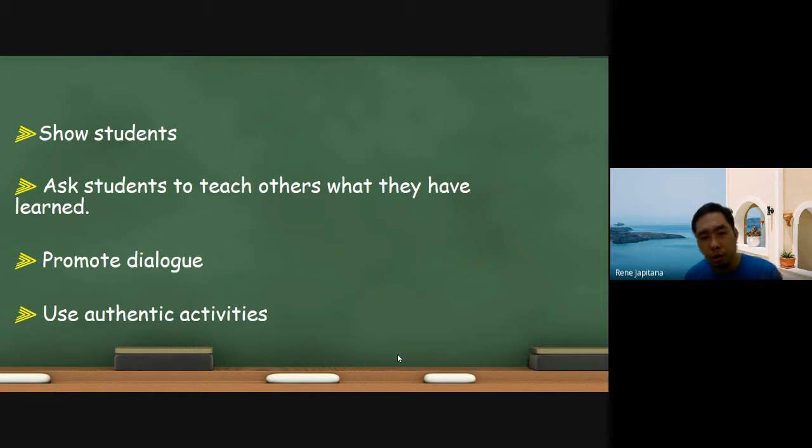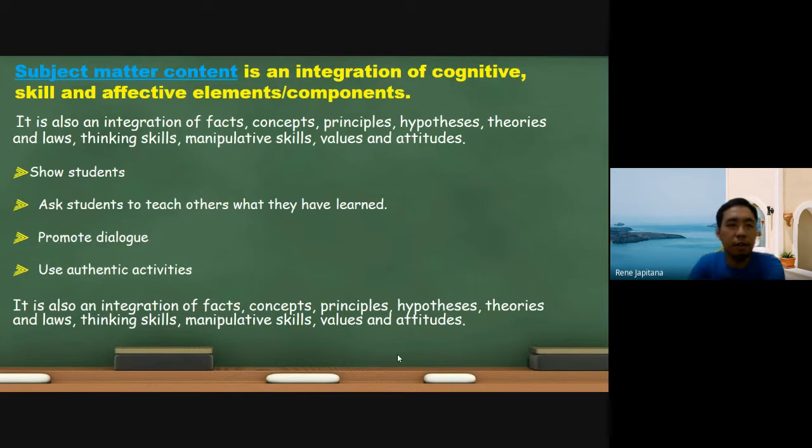But when you introduce to your learners authentic activities, what is this authentic assessment? It is a real-life activity that could develop their critical thinking, their cognitive skills, the higher order thinking skills, and involve them in the process of becoming a problem solver and a life skills learner. So subject matter content is an integration of cognitive skills and affective components.